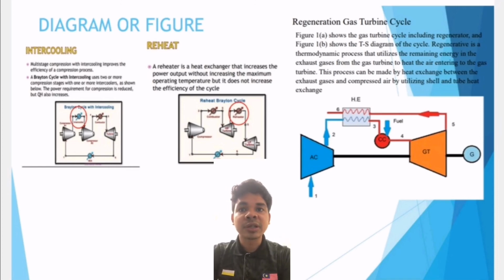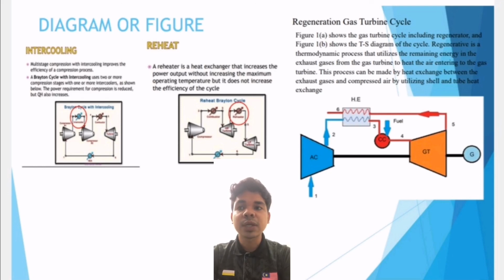And for the regeneration gas turbine cycle, the diagram shows the gas turbine including regeneration, and the figure shows the TS diagram of the cycle. Regeneration is a thermodynamic process that utilizes the remaining energy in the exhaust gas from the gas turbine to heat the air entering the gas turbine.